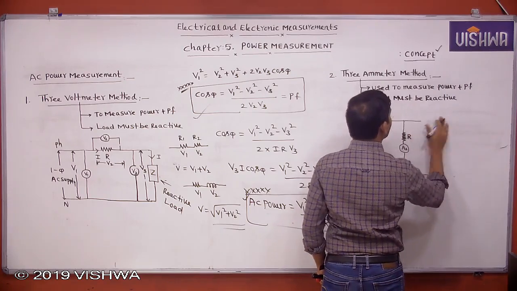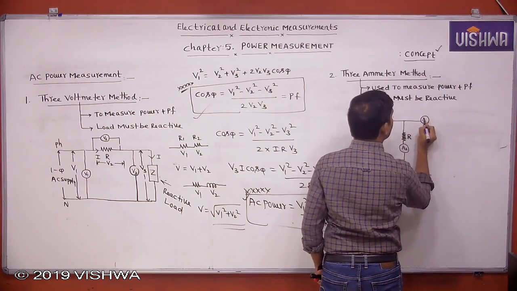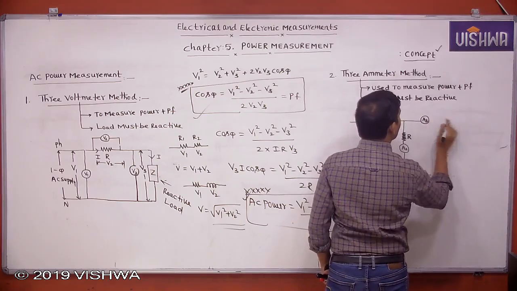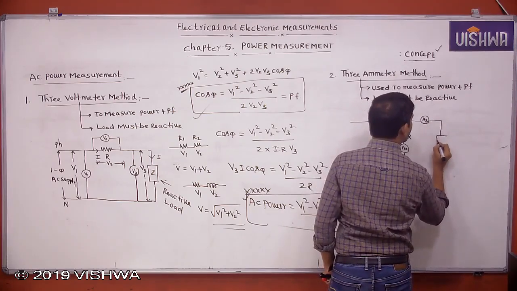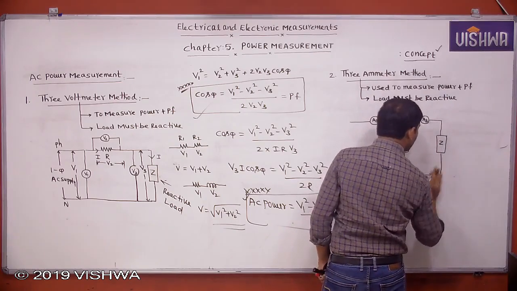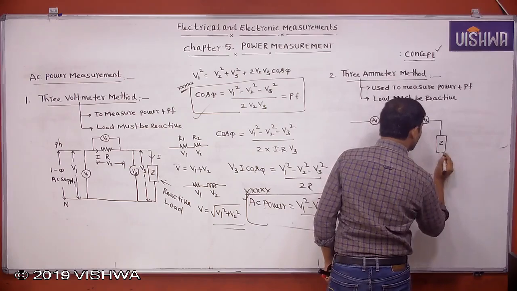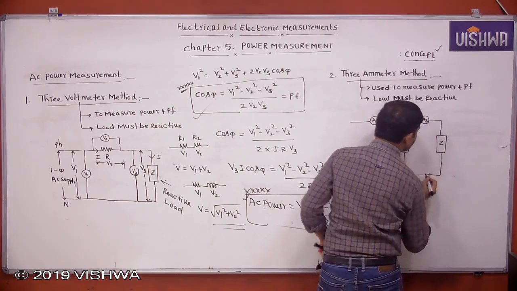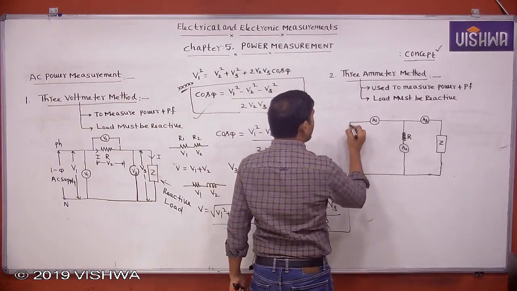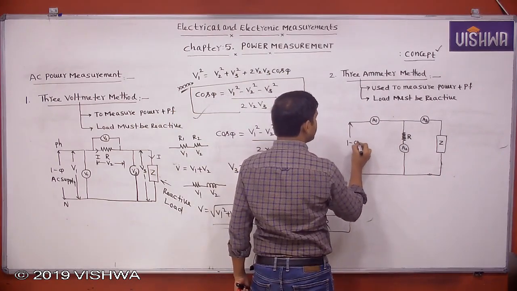We connect 3 ammeters to measure the power in reactive loads. Let us assume that it is either lagging or leading. Either lagging loads or leading loads, no problem. Yes. Then we are giving a single phase AC supply.